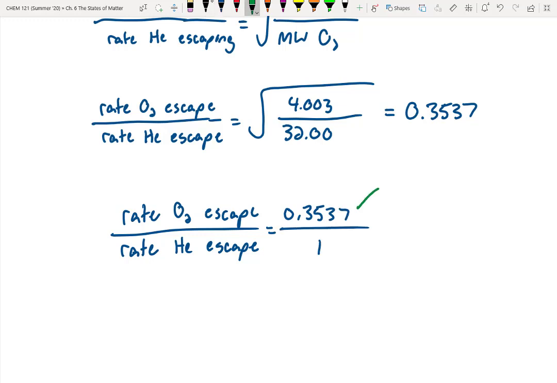So looking at this, it looks like O2 escapes approximately 3 times slower.